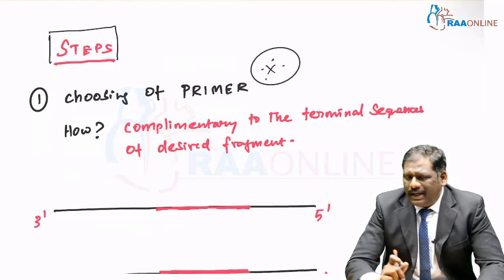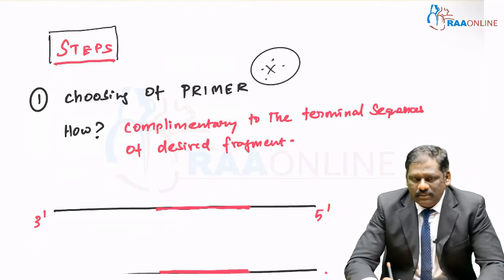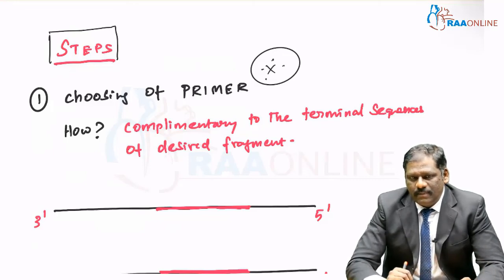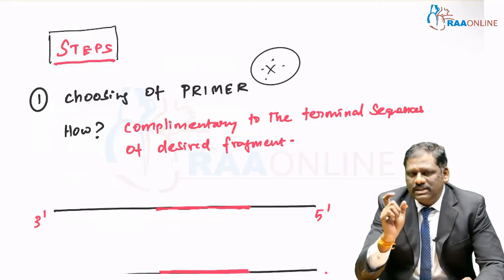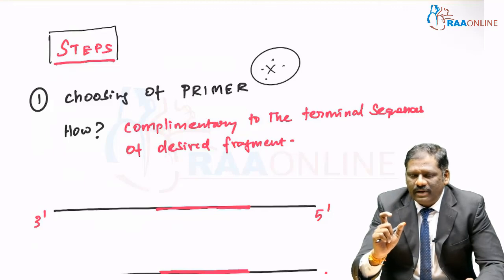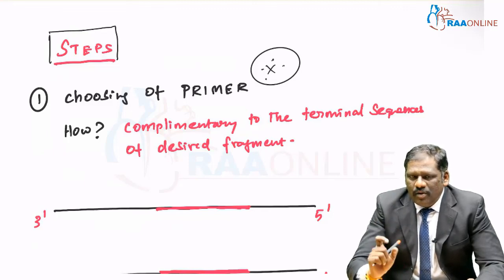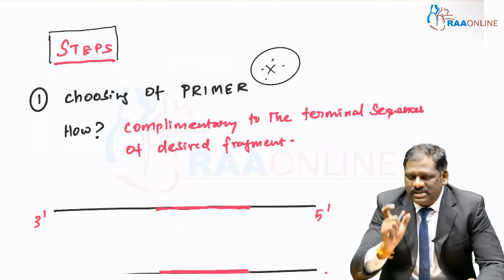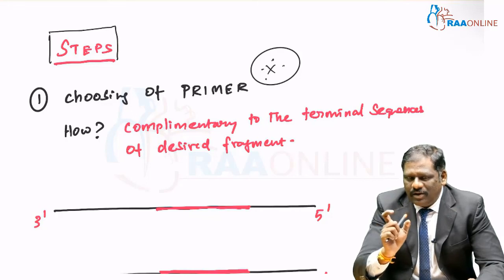Why is this step extremely important? Because we are not going to replicate the entire genomic sequence. We are going to replicate only the genomic sequence which is of our interest. For this to happen, we need to select which part we need to amplify.